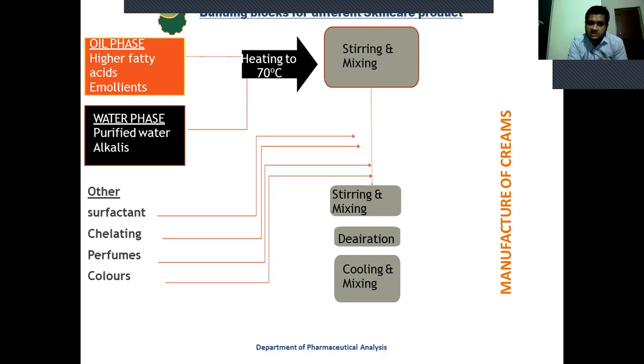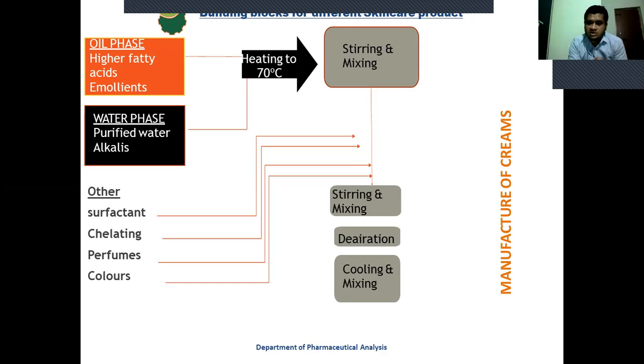Whenever you add these two phases, after just simple mixing, you have to remove it from the heating zone. The heating should not continue after mixing. Just heat it to mix it.